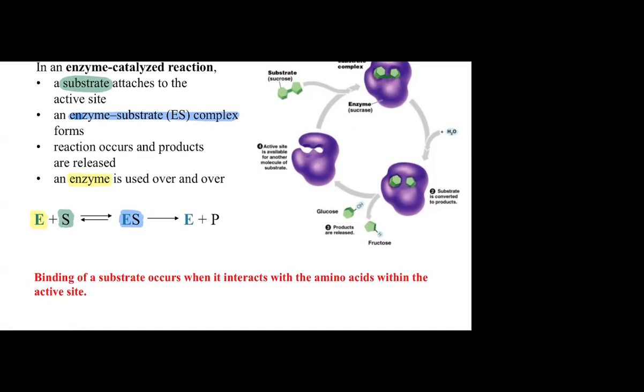And the idea is that the enzyme and the substrate need those different parameters that we learned before in order for a reaction to happen, that includes the right collision, the correct orientation, enough activation energy in order to produce products.